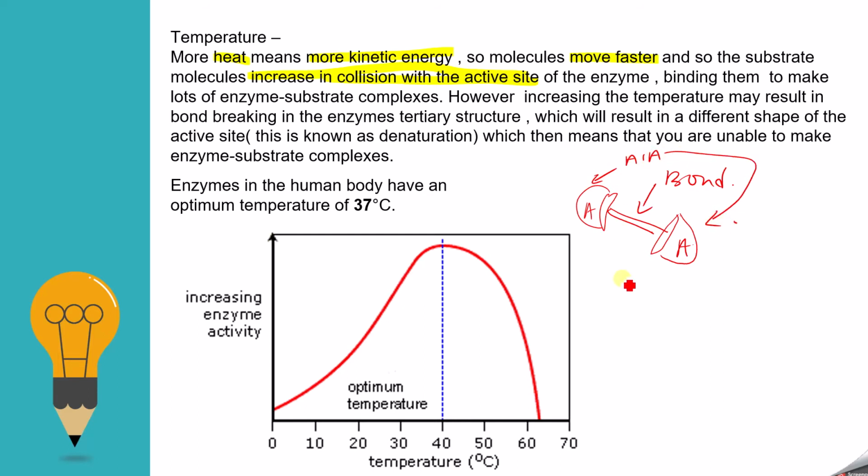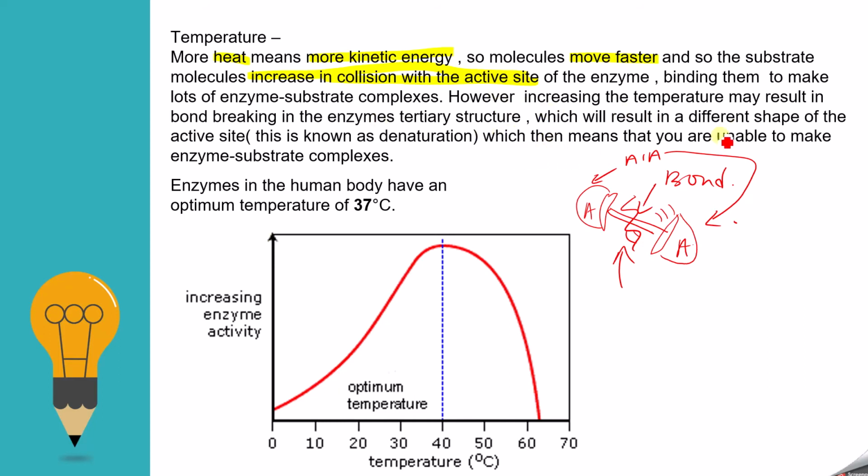You're going to give a lot of heat energy, which allows a lot of movement. That much movement can actually break the bonds, and as a result alter the structure. Because the tertiary structure is specific, with certain bonds in certain places and amino acids in certain places, it can ruin and disturb the shape of the active site.